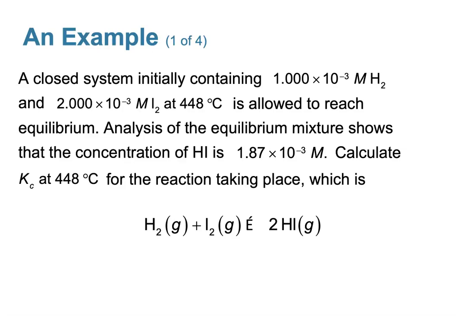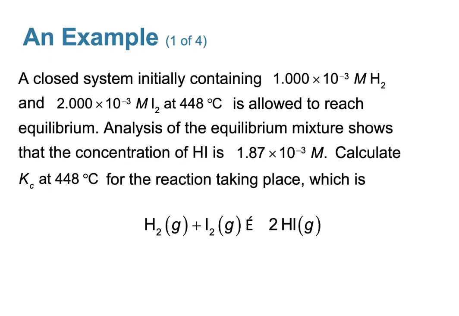So here's an example. A closed system initially containing 1 times 10 to the negative 3 molarity of hydrogen gas and 2 times 10 to the negative 3 molarity of iodine gas at 448 Celsius is allowed to reach equilibrium. The analysis of the equilibrium mixture shows that the HI concentration is 1.87 times 10 to the negative 3.